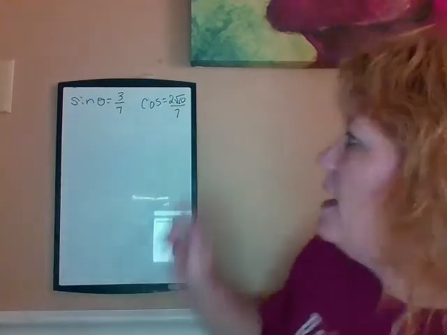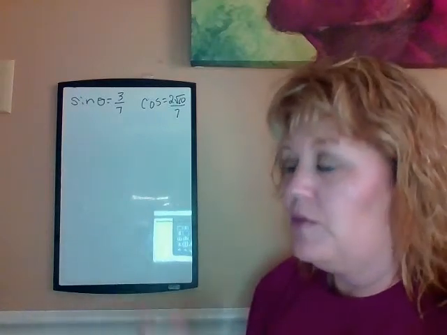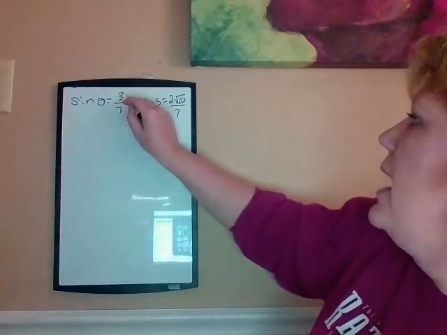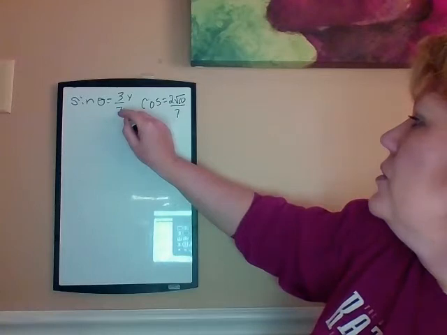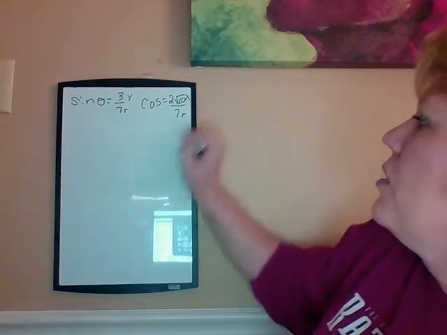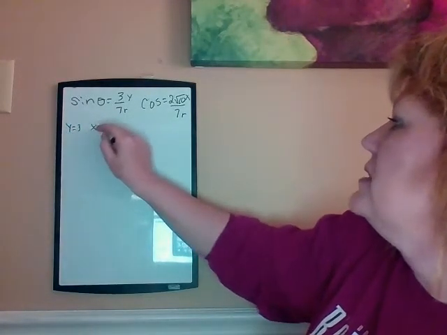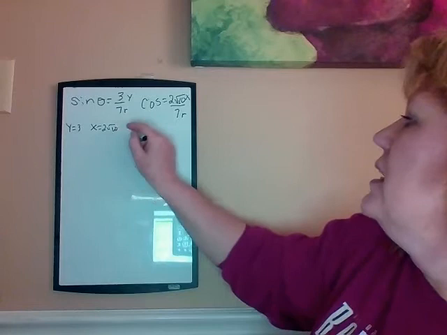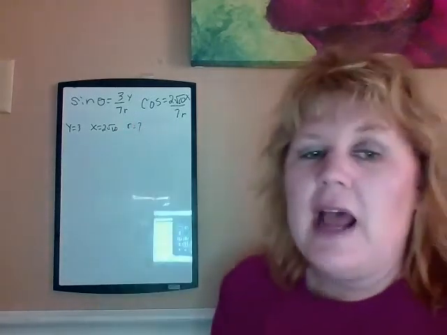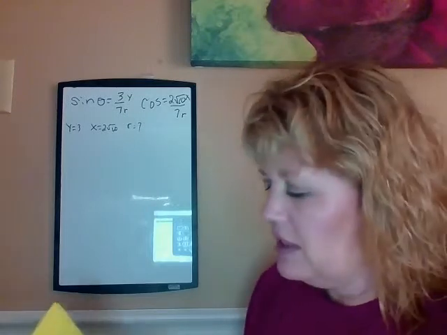When I look at that, I know that sine is opposite over hypotenuse, but I also know that it's y over r, and cosine is x over r. So I know that y is 3, x is 2 square roots of 10, and r is 7. And I can use those values to make any of the 6 trig functions that they ask for.